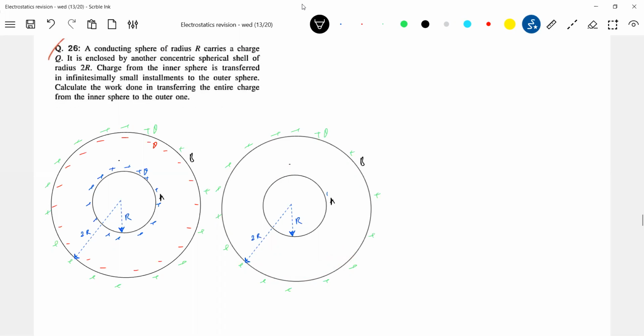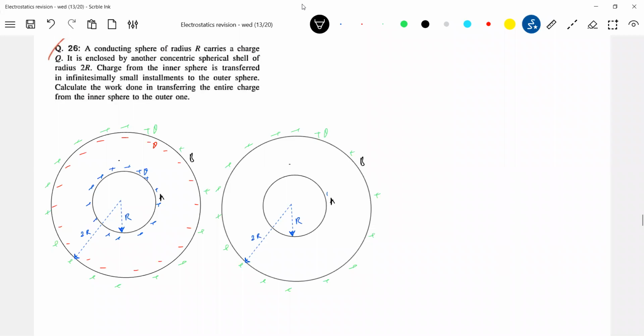Now get into this one. See again, you can't just blindly calculate the energy. Even in calculating energy, you should think how to save the time.